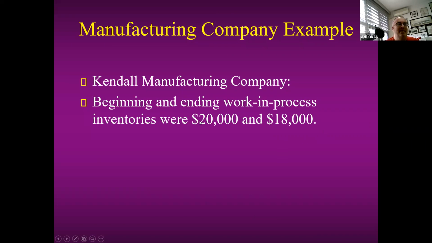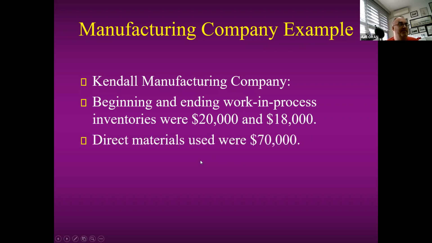So basically, as the goods were added into this, and then the production process was completed, the balance was reduced by 2,000. So some that were in there from the previous year also were completed and left going into finished goods inventory.